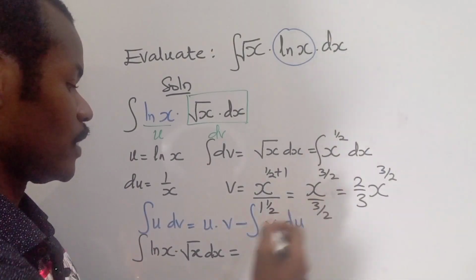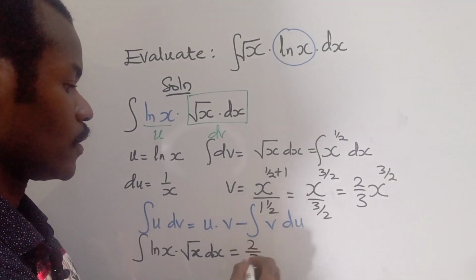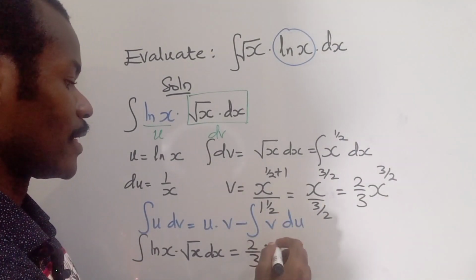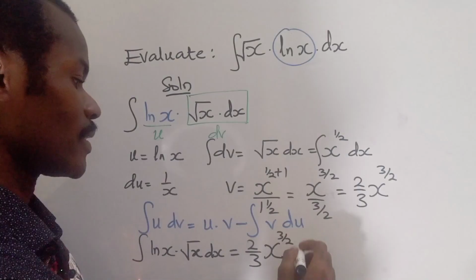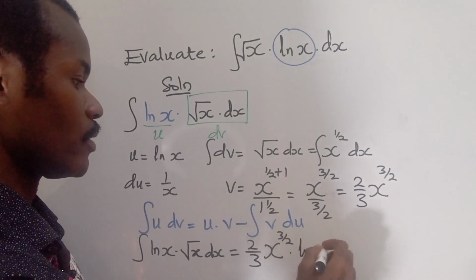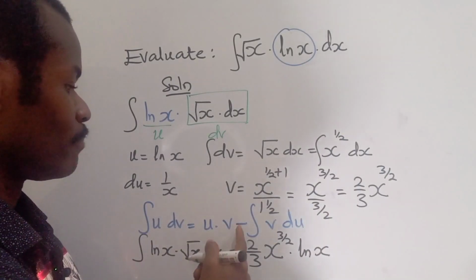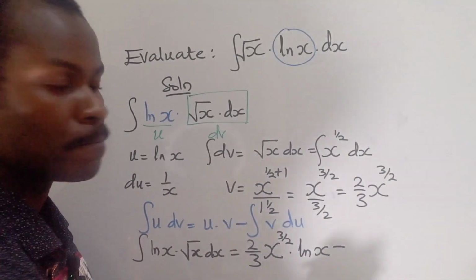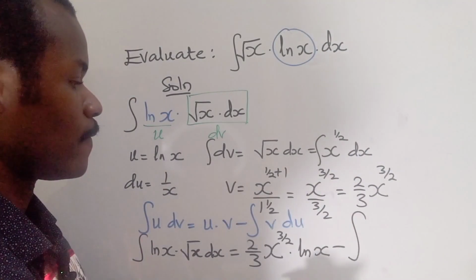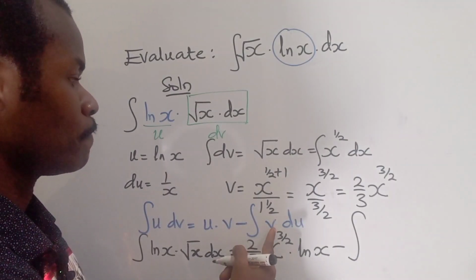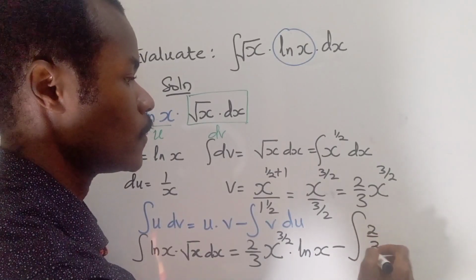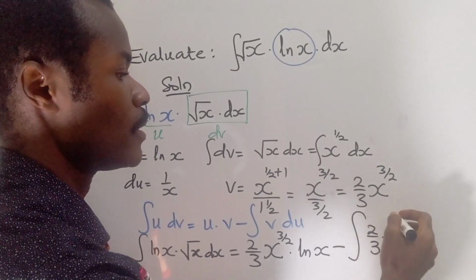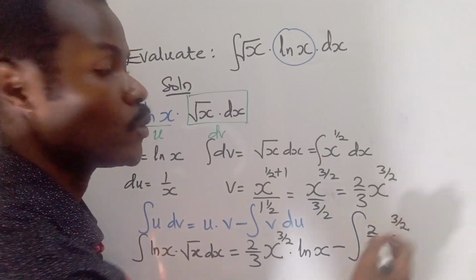So let's start with v: 2/3 multiplied by x to the power of 3 over 2, multiplied by our natural logarithm of x. So we have minus the integral of, what's my v? v is 2/3 x to the power of 3 over 2.